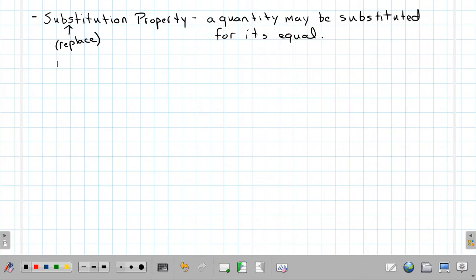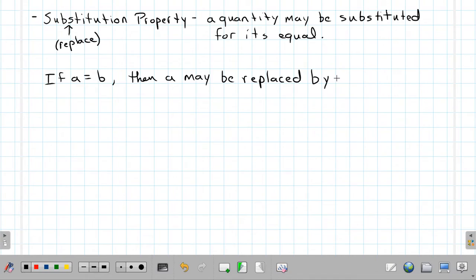So when you substitute something, you replace it with something else. Okay, so in terms of words, if A is equal to B, then A may be replaced or substituted by B in any expression.